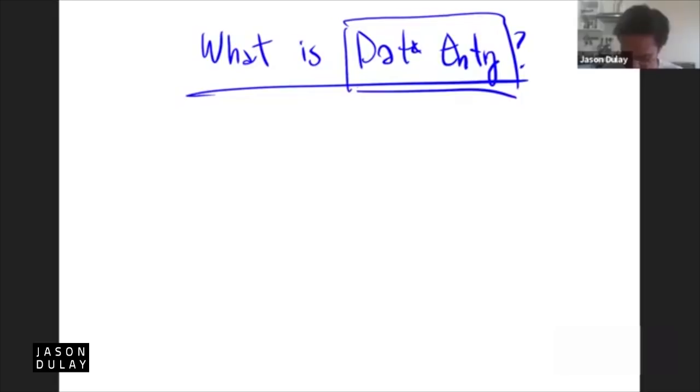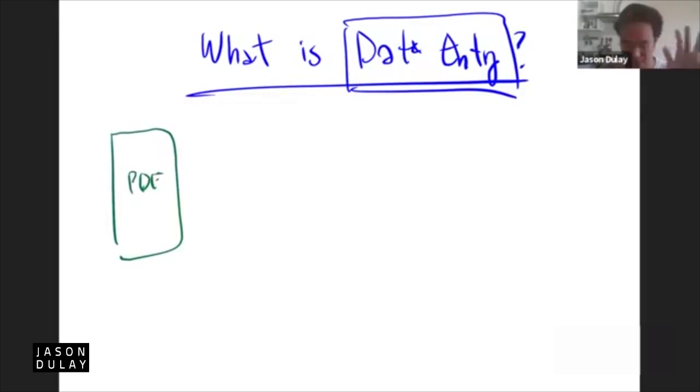Well, the keyword here is data entry. You're just entering data. One scenario is that a client may have a PDF document, a scanned document. Let's say they wrote something by hand and scanned it on their computer.